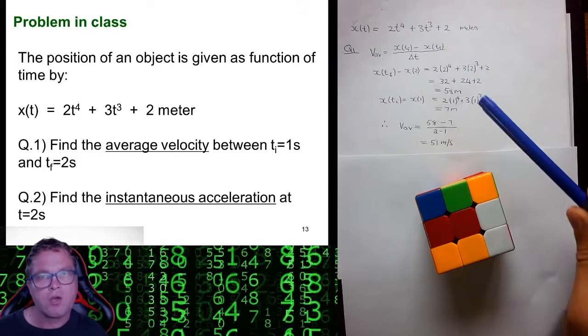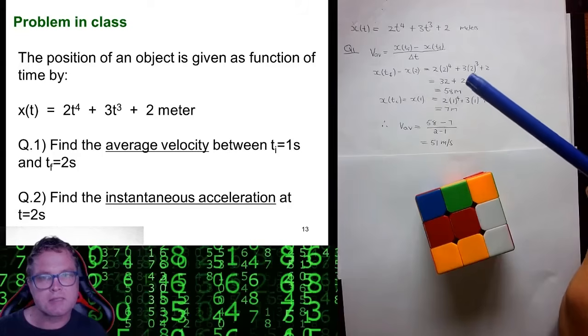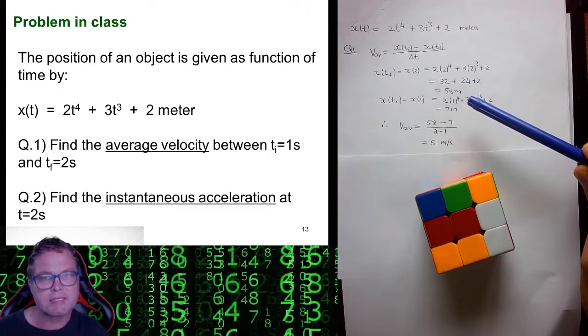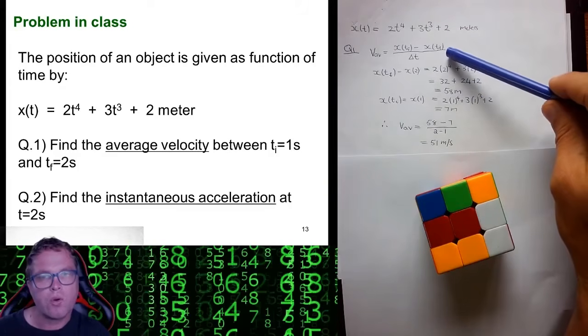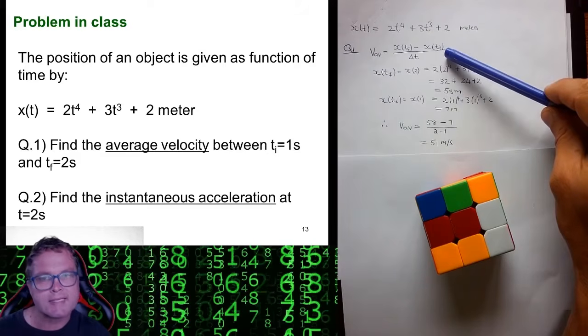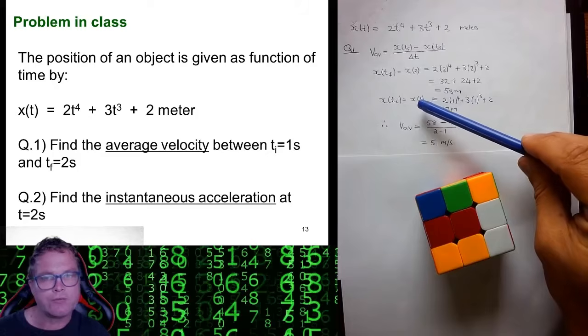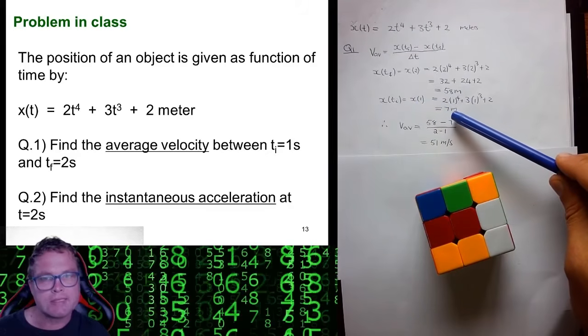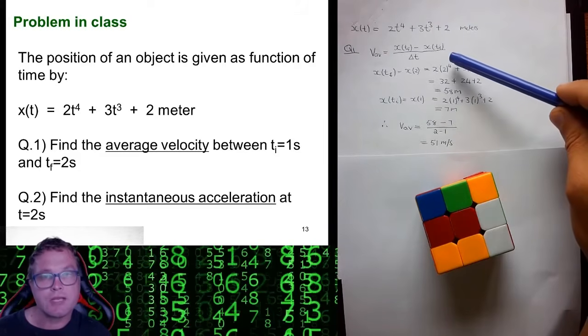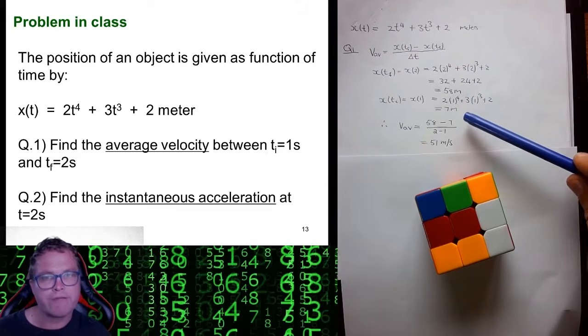We also need to know its position at t equals 1 second. So to do that, we substitute 1 in for t, and we find that when t is 1 second, the position x is equal to 7 meters. Going back to the definition of average velocity, it's the difference between the final and the initial.